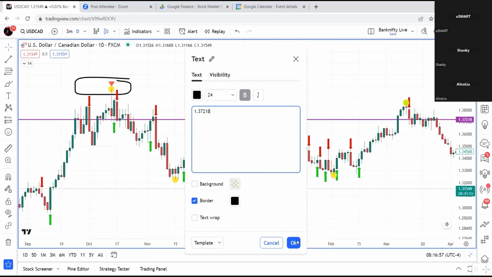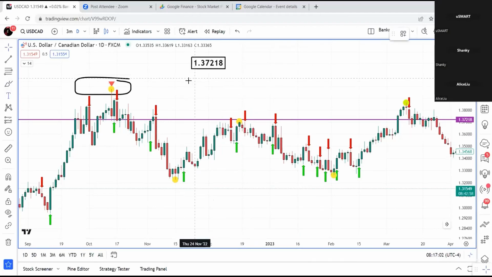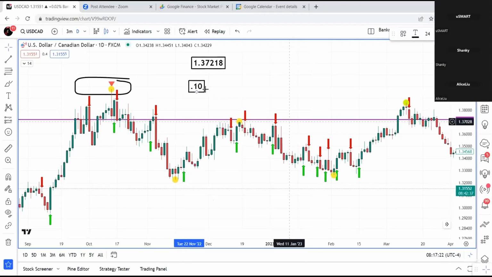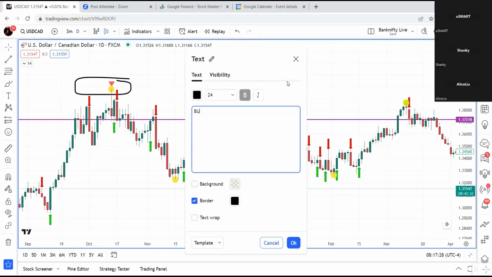So here the game is, you should not buy the higher quantity. Depending upon your capacity, just buy 0.1, the minimum lot size. Here the minimum lot size is 0.10, which is about $60 for one lot. Buy the minimum lot size and leave it until it doesn't break this arrow.